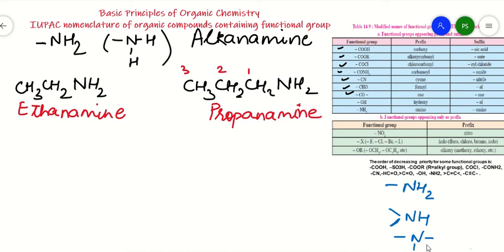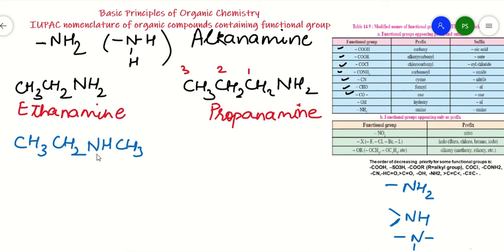Now, how do we write the names of such compounds? Let's take an example: if you have a compound like CH3, CH2, NHCH3. This is the compound and you need to write its name.